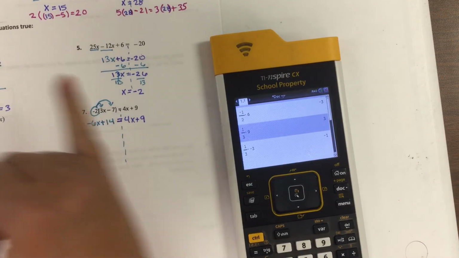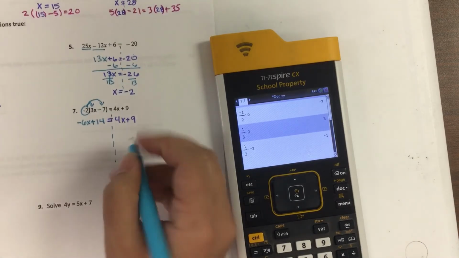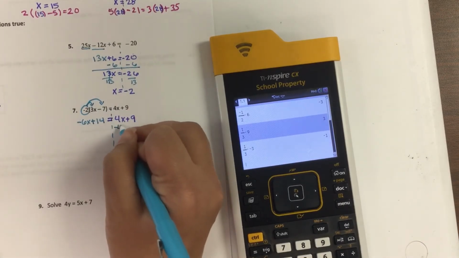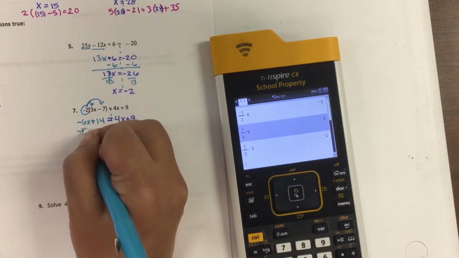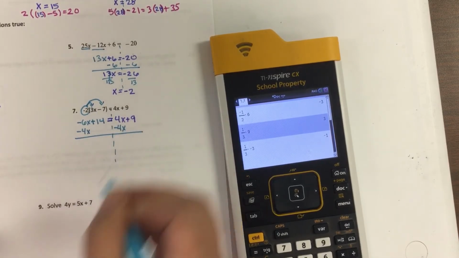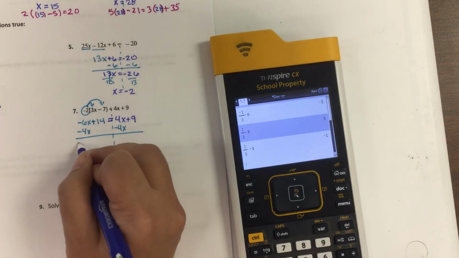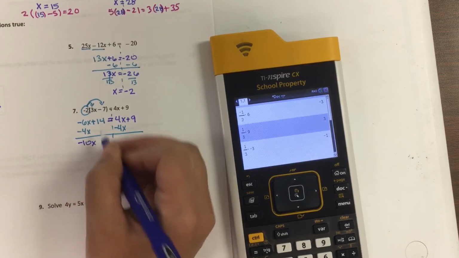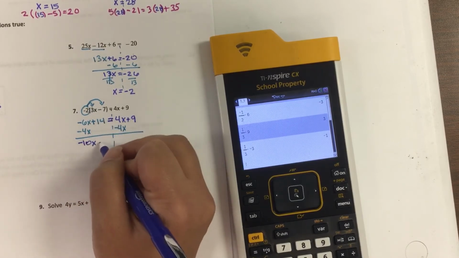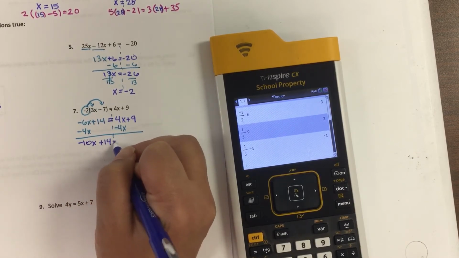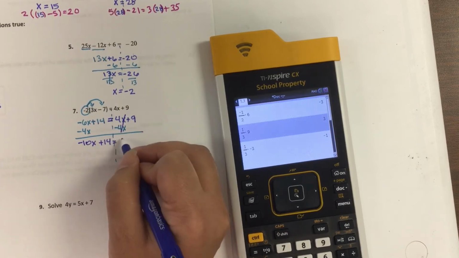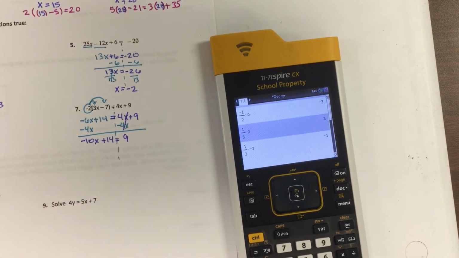I want to get my variables all together on the left-hand side, so this 4x is positive. The inverse would be to negate it, to subtract it from both sides. When I do that, negative 6x minus 4x is negative 10x. You can always use your calculator to help you. Bring my plus 14 down, equals, my 4x's on the right cancel out, but I am left with a 9.